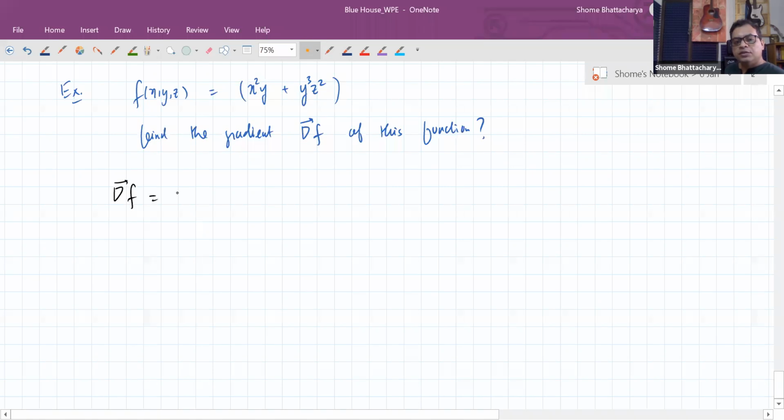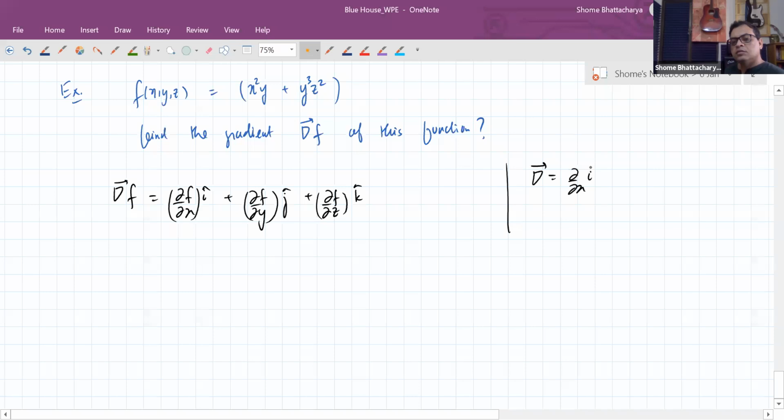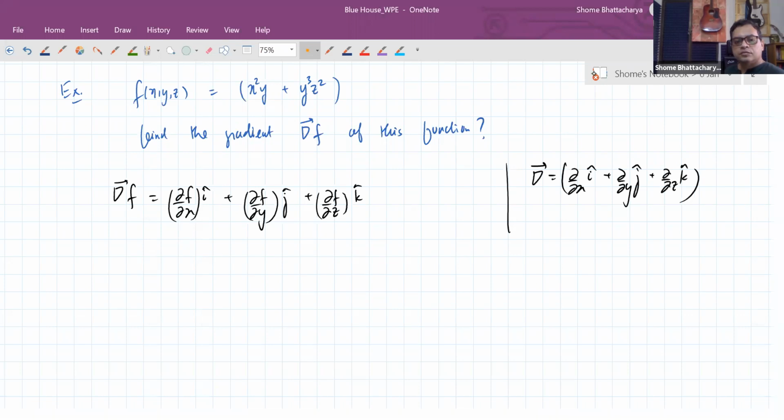The gradient operator applied to this function will give us this quantity, because we know that the gradient operator is defined by this. If it is a complex function in terms of complex numbers, then you just treat the iota like a constant.